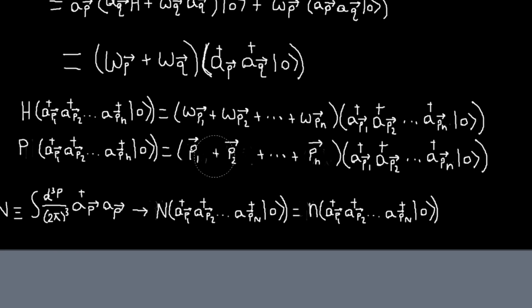And so we can immediately say, if the Hamiltonian acting on an n-particle state is this, and the momentum operator acting on an n-particle state is this, then the number operator acting on an n-particle state will just be, instead of omega p, instead of p, it's just 1. So I'll get 1 plus 1 plus 1 all the way to n. So I'll get n ones, which is n. So basically the number operator will tell me the number of particles in the state.